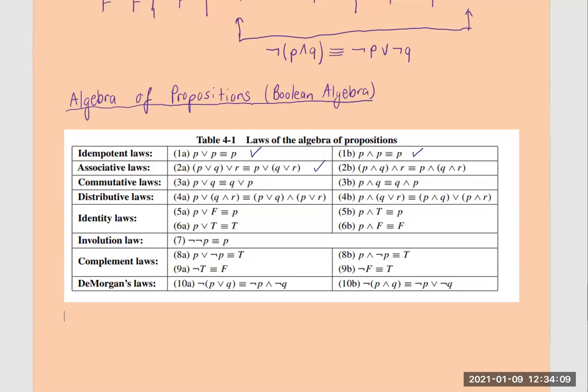We will accept that one. Also, it is working for the associative law for the AND operation. P and Q in parentheses, then and R is equal Q and R, then AND operation with the P will be equalities for that too.